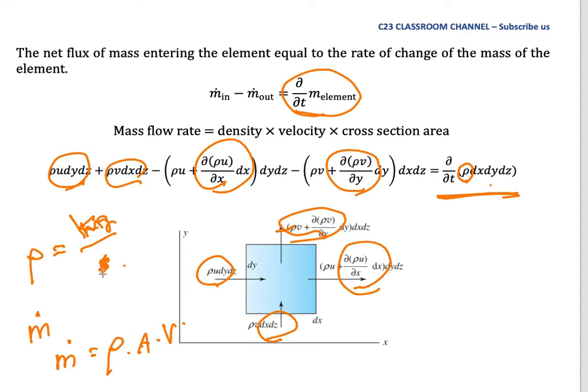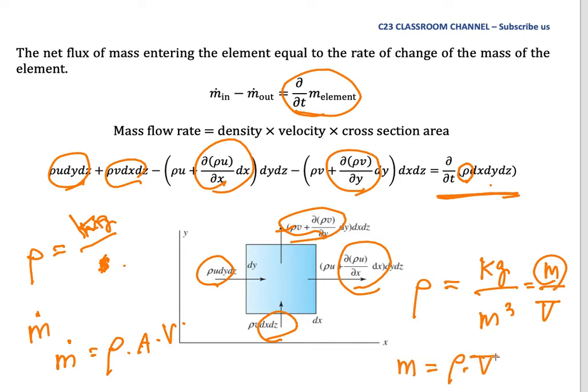Density is kilogram per meter cubed, so it is actually mass over volume. So how do we get mass? We could calculate mass equal to rho times volume. The V here is volume, not velocity. So to calculate the value of m here, we multiply the value of rho and the value of dx dy dz, which is the volume of this one. Then we have the parameter t here to give the mass flow rate.